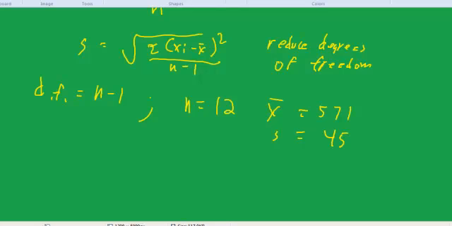Now let's say we want to find a 90% confidence interval for that. We're going to look for a t interval, and we'll just stick all this information into the calculator and see what comes out.